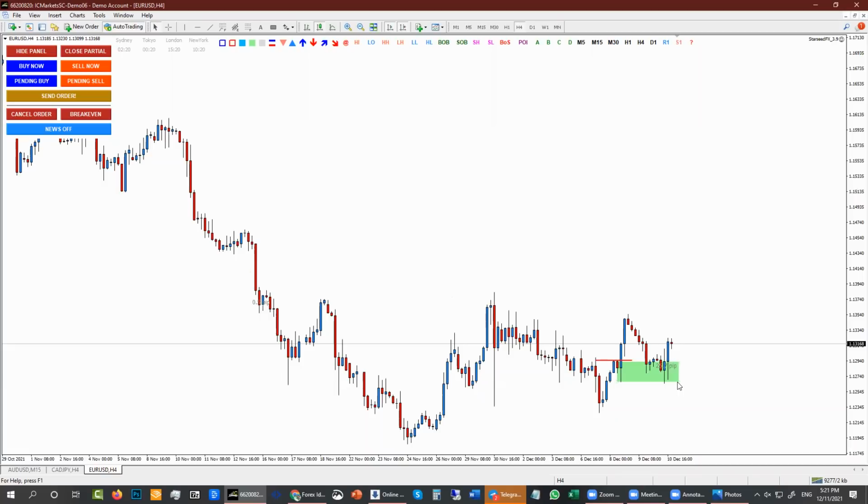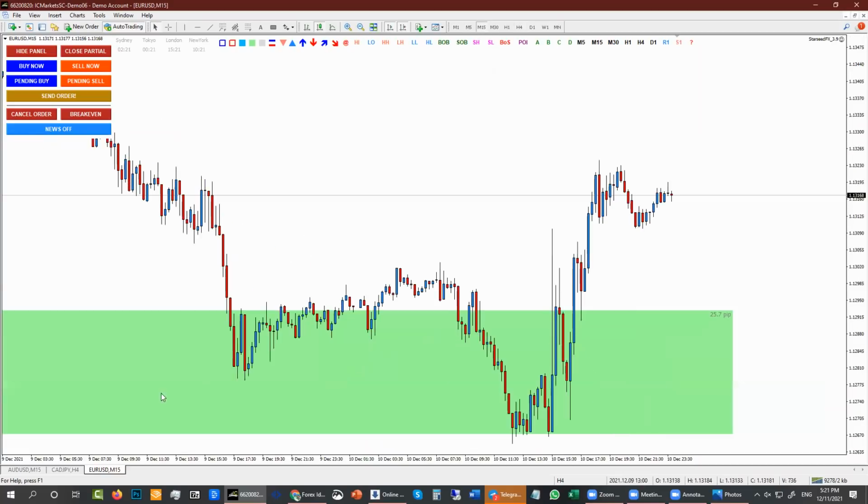So let's go to M15. Here, this is the first time it touched the area, right? So let's see how many losses. Now you want to start marking your order block, right? You want to see where it starts breaking. So this one.